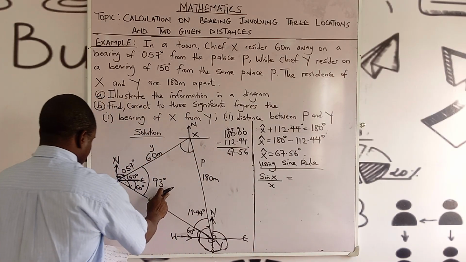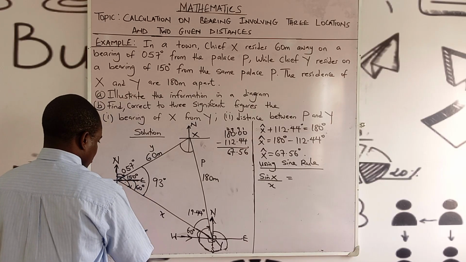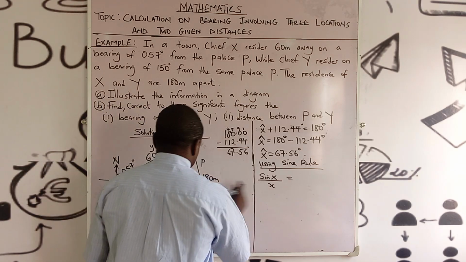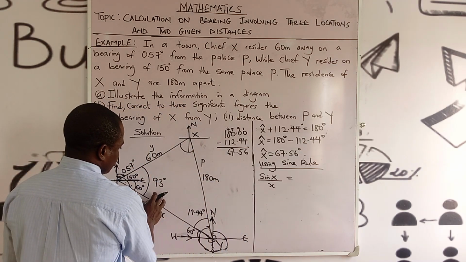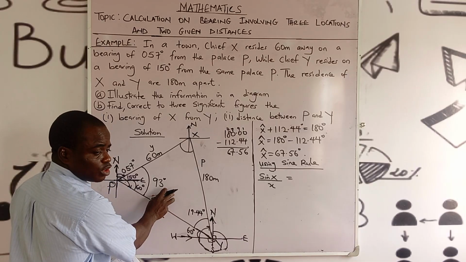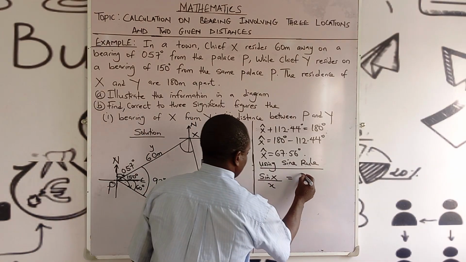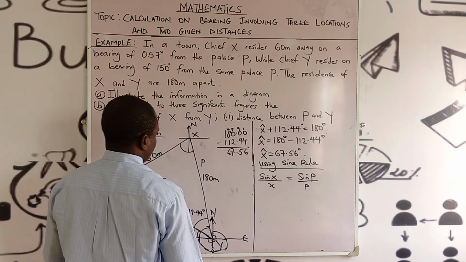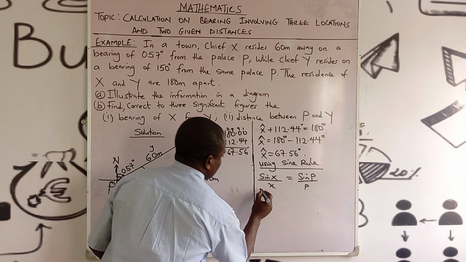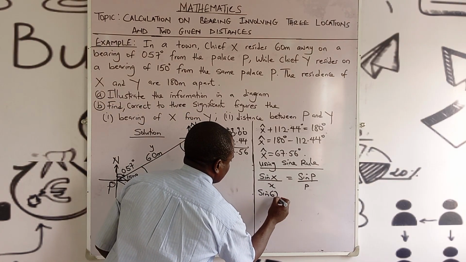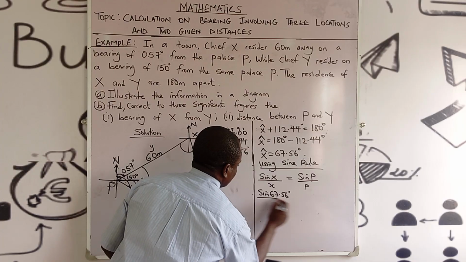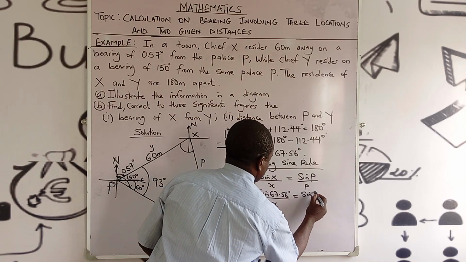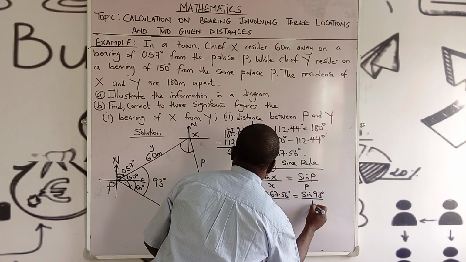Let's pick this angle, because we have 180 and this angle. Just pick the one that is given to you in the question. Sine P over small letter p. What's our x now? Our x is sine 67.56 degrees over x equals sine, what's our p? Sine 93 degrees over p.